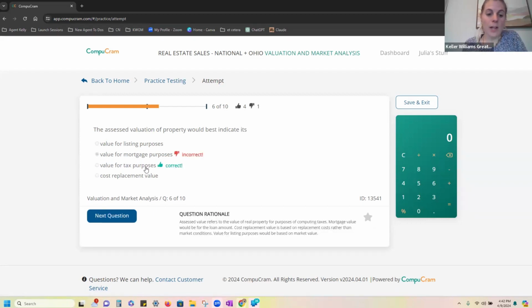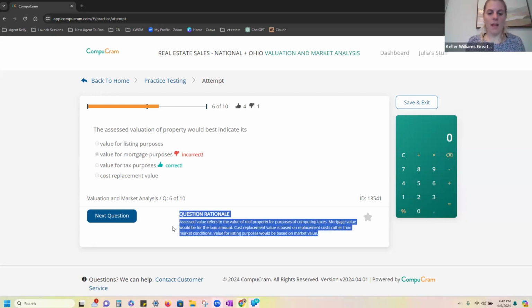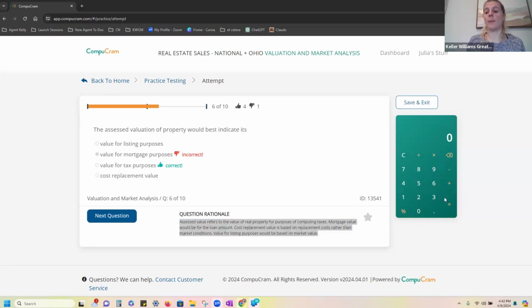Oh, right. So it's actually value for tax purposes. And yeah, I was also in between this one. So the assessed valuation property would best indicate its value for tax purposes, which then the mortgage takes after you figure out the tax, because with the mortgage you could wrap the taxes into that.